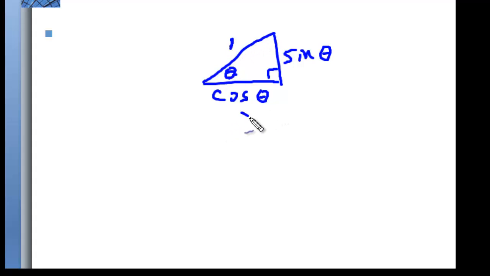So our x squared plus y squared equals the hypotenuse, which is 1 squared, which is 1. Our x squared would be our cosine squared, and our y squared is sine squared. So we're going to come up with a basic identity, which is cosine squared plus sine squared equals 1.